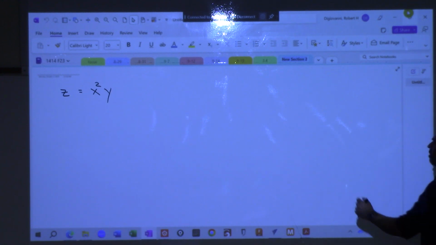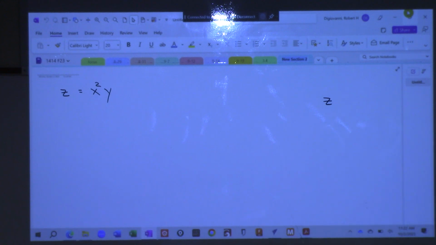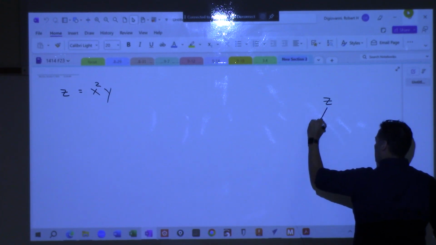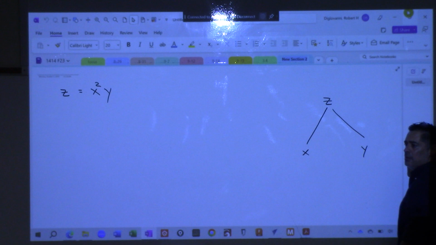So let's try and draw this thing. z depends on what? x and y, right? You can't just give me x and I know what z is. You can't just give me y and I know what z is. You have to give them both, right? So in order to know z, I need to have two pieces. I need to know x and I have to know y, right?